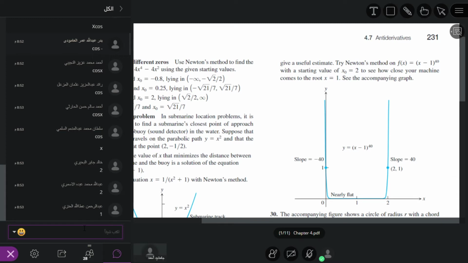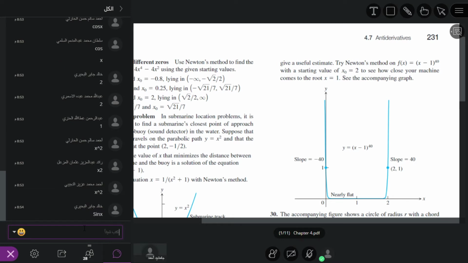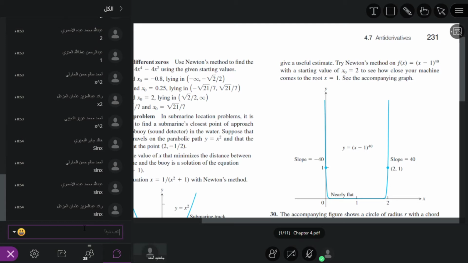Now the antiderivative of 2x is the opposite, which means x squared. Similarly, the derivative of sin x is cosine x. Now what is the antiderivative of cosine x? Sin x. Yes, the antiderivative of cosine x is sin x.